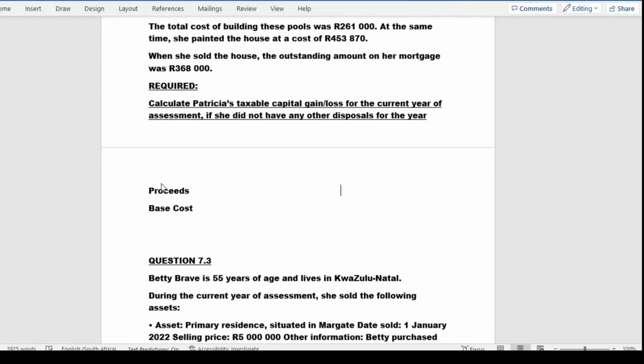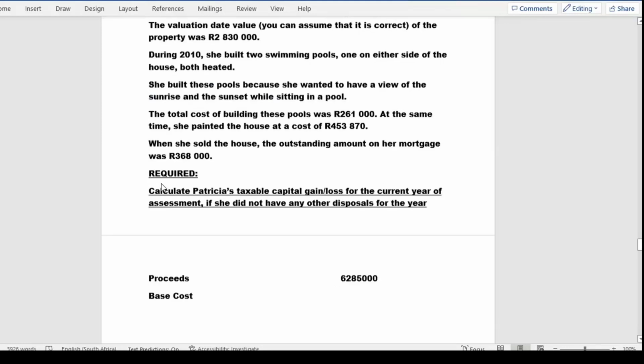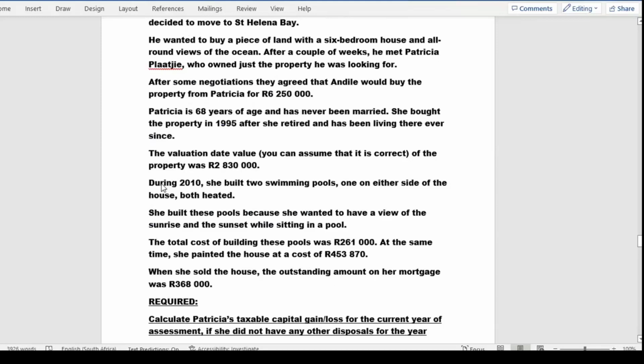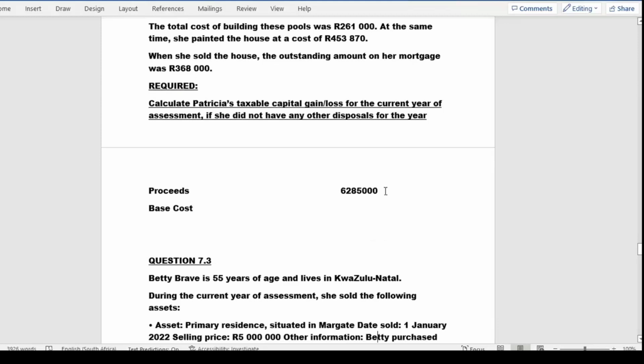Sorry, I forgot that amount. Is it 6,285,000? Go back and check. It is 6,250,000 rand. My apologies. So that's your process. You see how easy these things are.